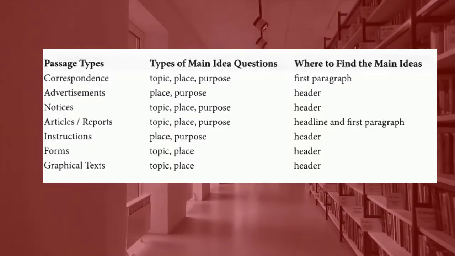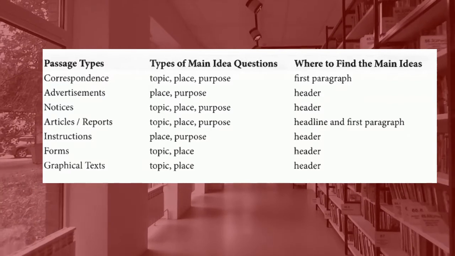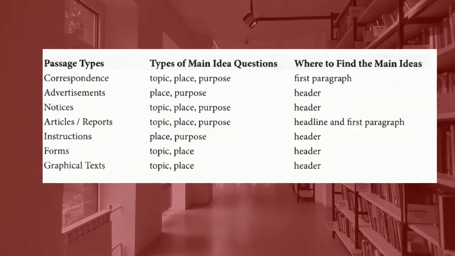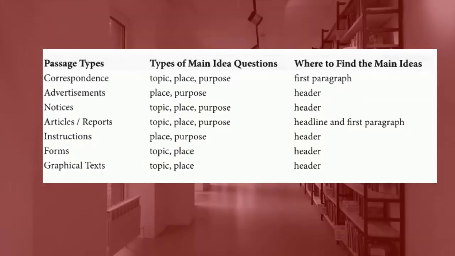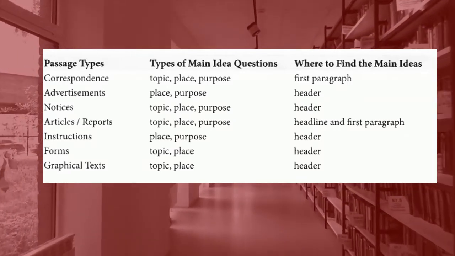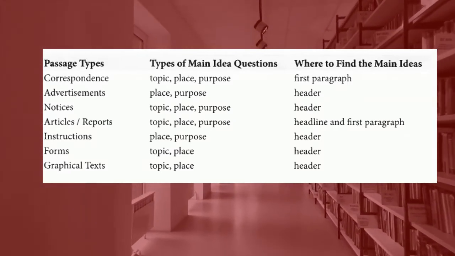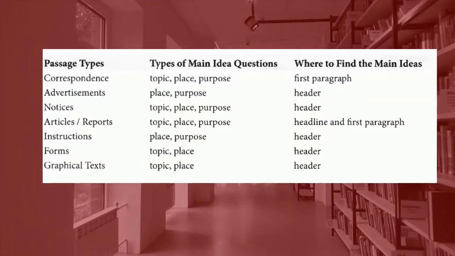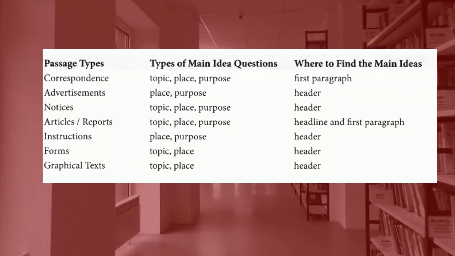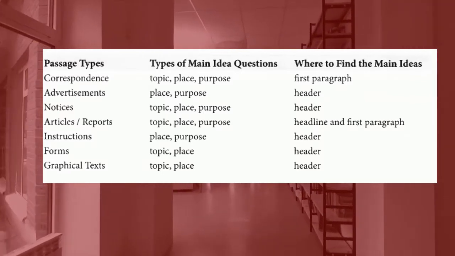So tip number 1 is where to find the main idea. On the left hand side you can see the passage types: correspondence, advertisement, notices, articles, instruments, forms, and graphical text. In the middle you will see the type of main idea questions. Normally there are only 3 types: topic, place, and purpose.